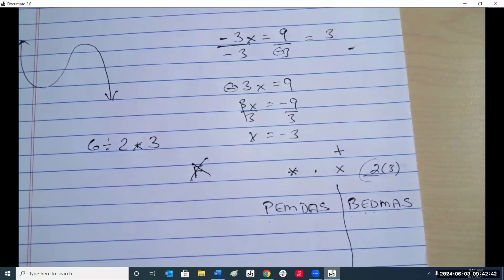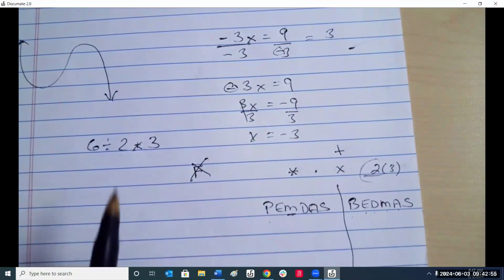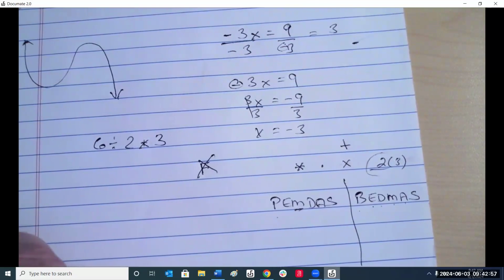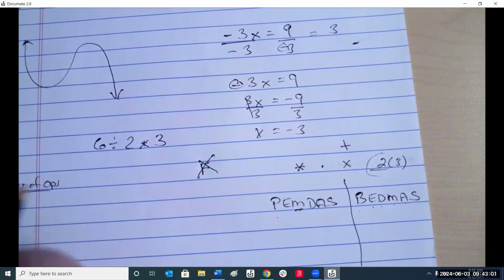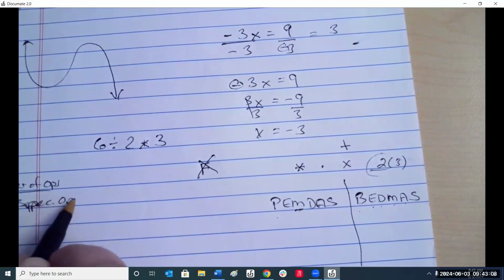Because you did what first? Because multiplication came first. Is multiplication any more important than division? Not according to order of operations. Order of operations say that first thing you do are special operations.